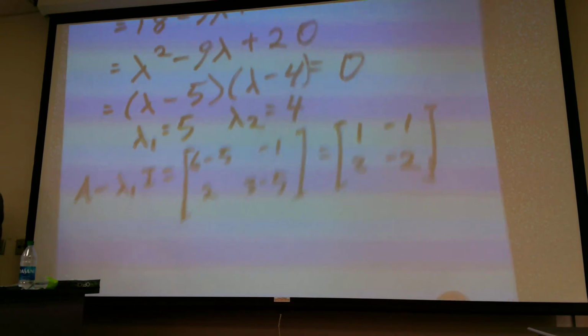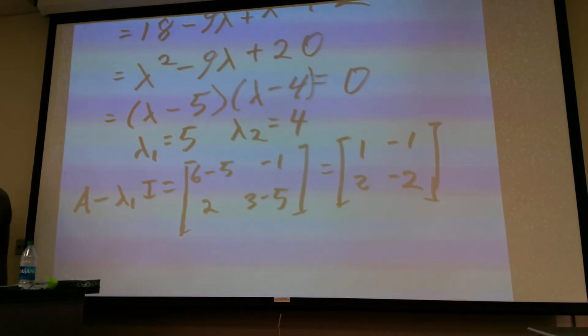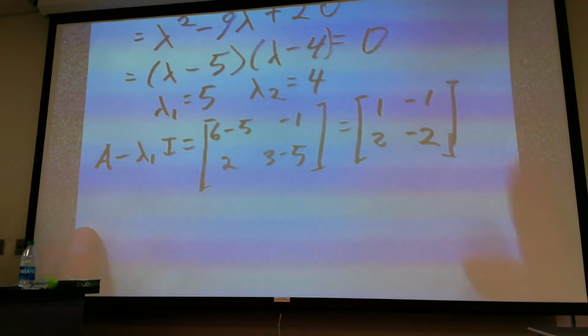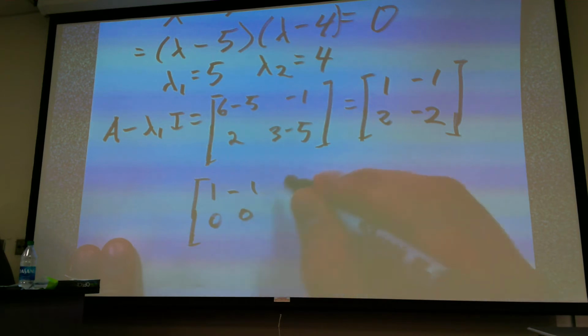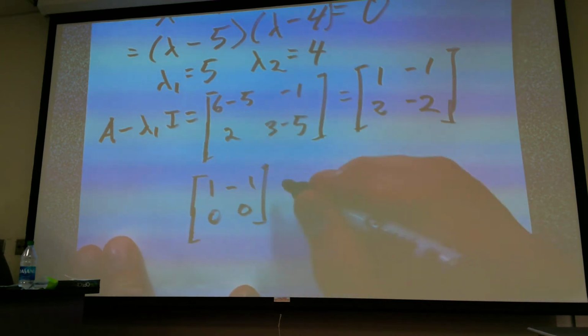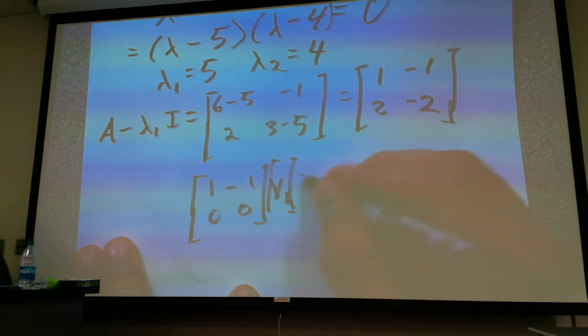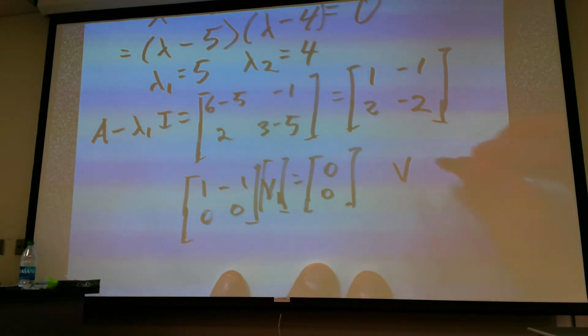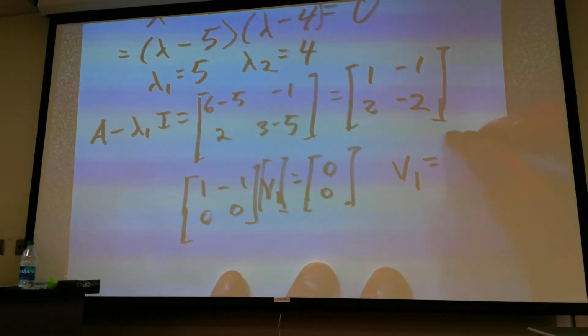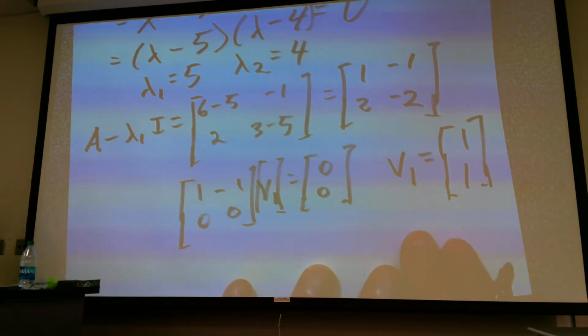Just like on previous problems, I can eliminate the entire bottom row using the top row. So we really get down to this equation, equals 0 and 0. And so v1 would just be 1 and 1. Great, so we found v1.